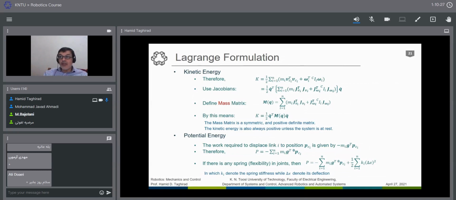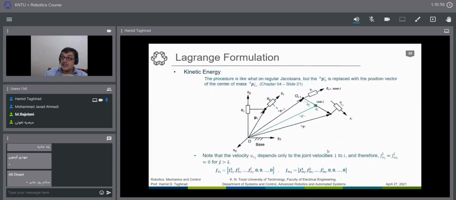And if you have the vector G, then you can find the work that has been done. It would be minus m g transpose PCI. The PCIs are the position vectors of the center of mass that we have already used to find the Jacobian previously.